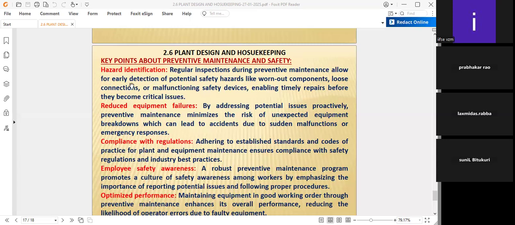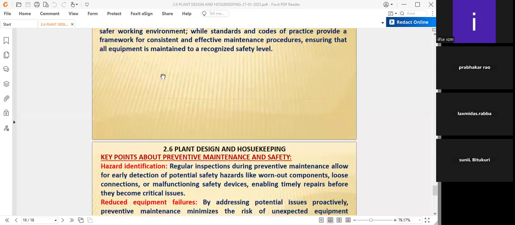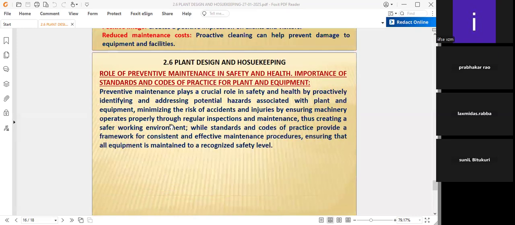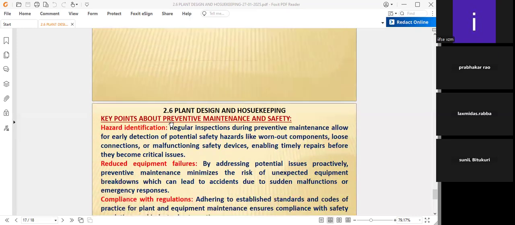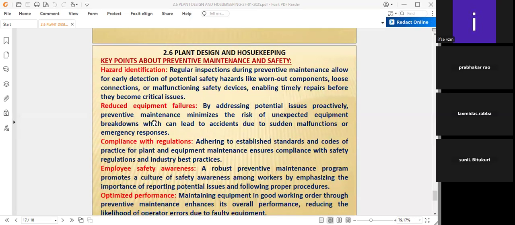If preventive maintenance is done in a disciplined manner, the second benefit will happen: reduced equipment failures. Normally preventive maintenance has a quarterly schedule.